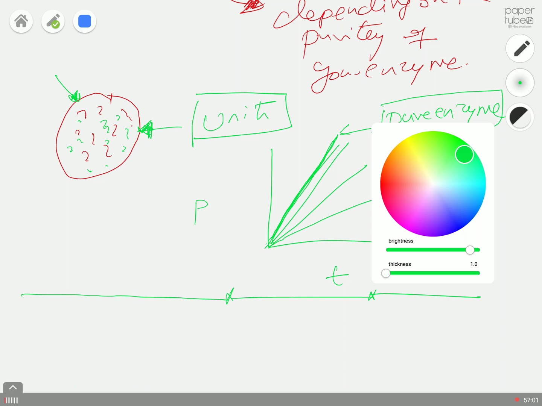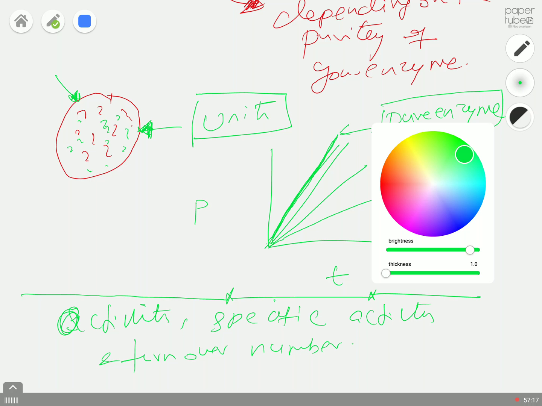We will read more about activity, specific activity, and turnover number. We will cover this in the next lecture in detail.